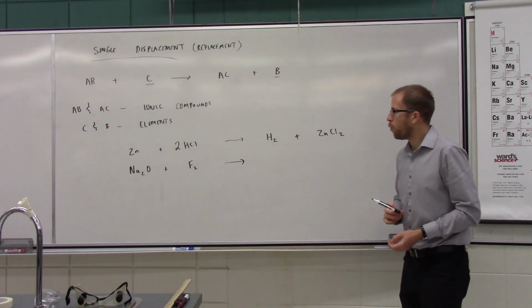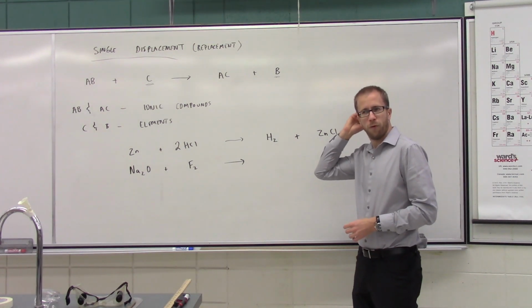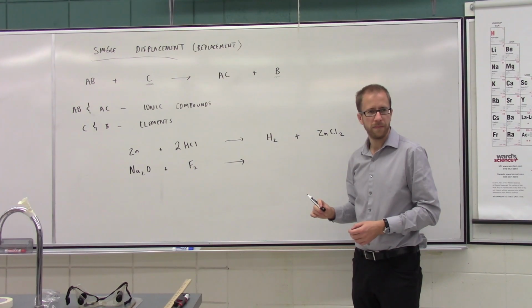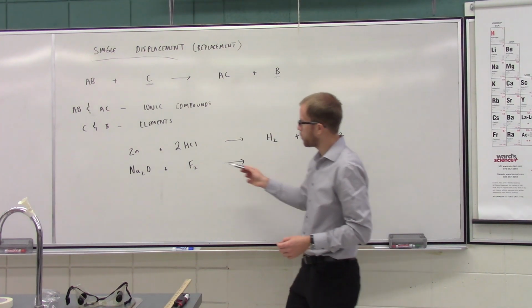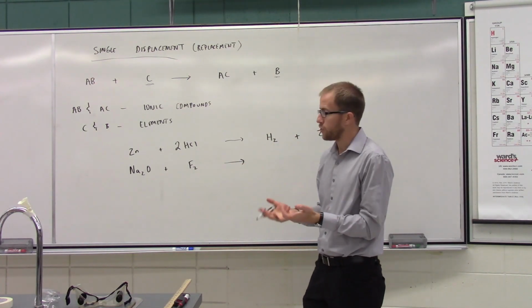Here, what type of ion does fluorine make? Fluoride ion. What charge will it have? Negative. So it'll actually switch spots with the oxygen here. So here we're not switching the positives, we're switching the negatives.